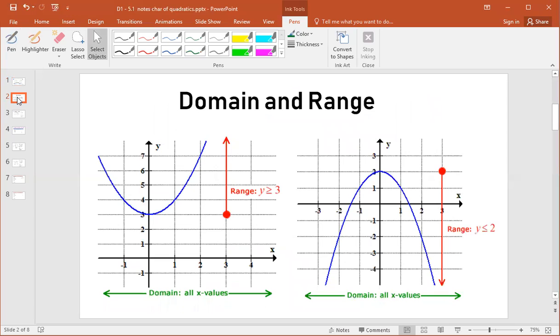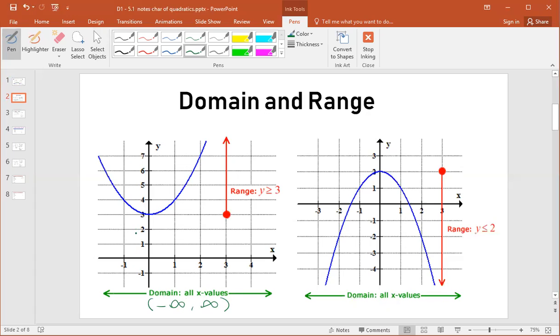We've already discussed domain and range before, but now when we have domain and range, it differs from our linear. You can see on the left picture, domain is still going to be all x values. So our domain here is still going to be from negative infinity to positive infinity. It will be every single number because that parabola is going to open up forever.